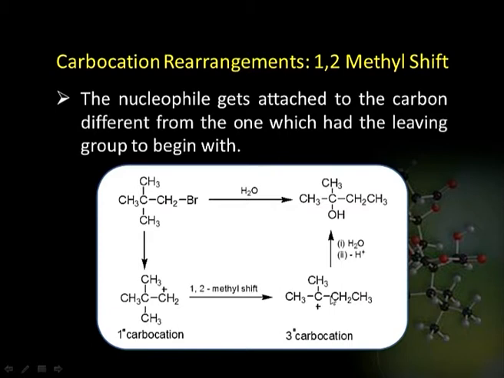Therefore, what you would observe is that the carbon to which the halogen was attached is no more the one which is substituted by the hydroxy group. So, this is what carbocation rearrangement is, which takes place to get a more stable carbocation.